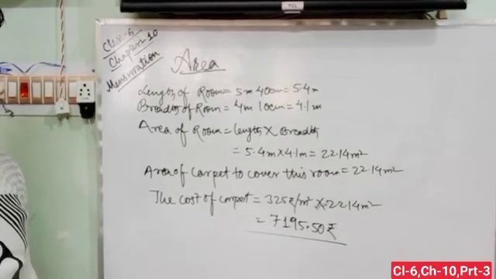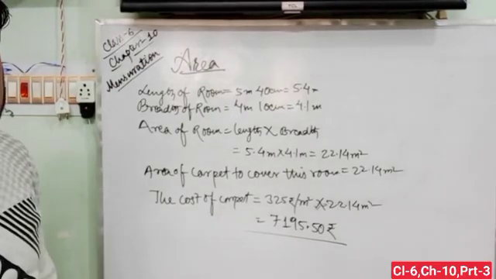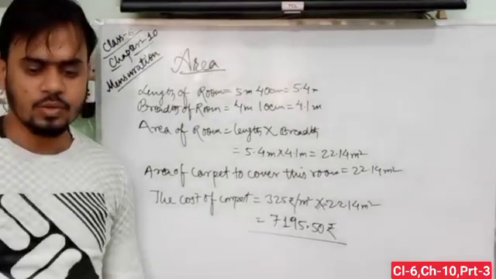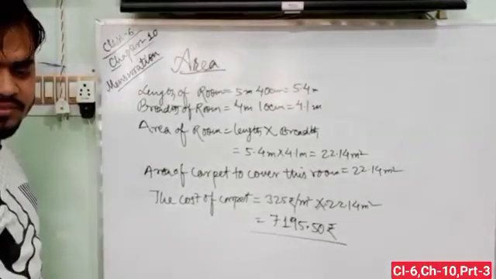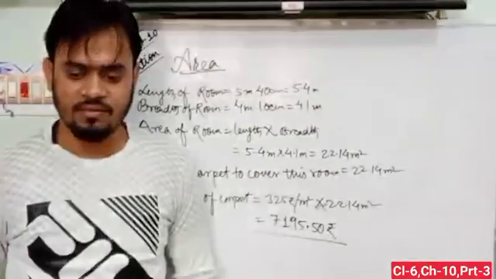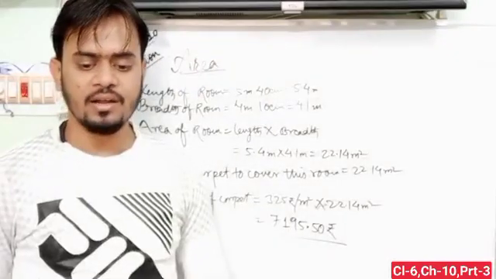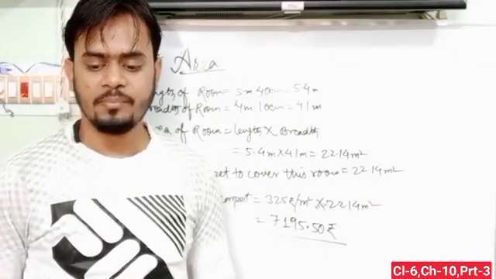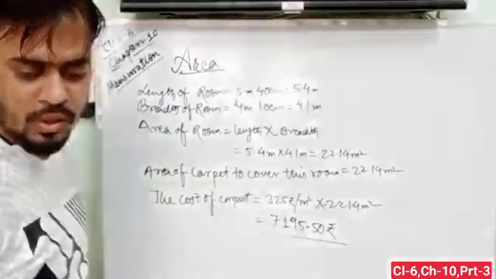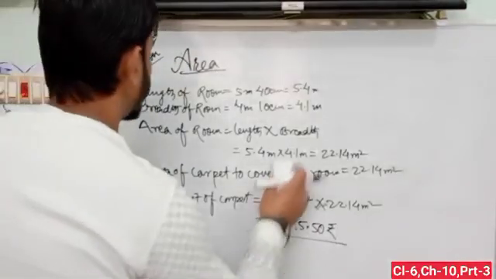The next question from your exercise, question number 10. How many tiles whose length and breadth are 12 cm and 5 cm respectively will be needed to fit in a rectangular region whose length and breadth are 200 cm and 144 cm?